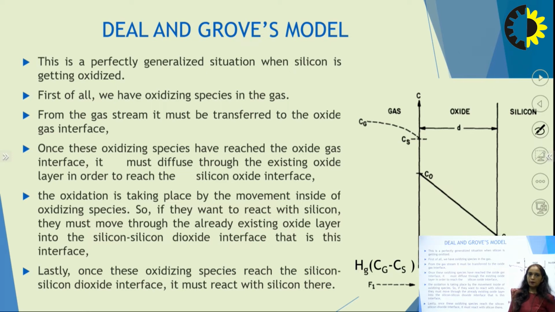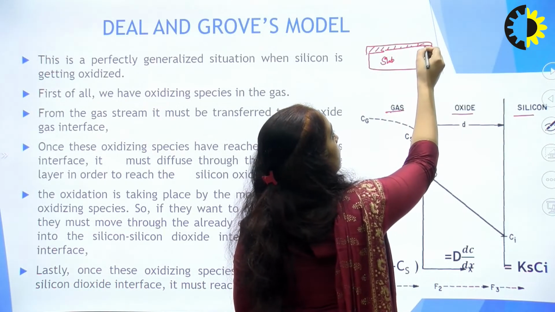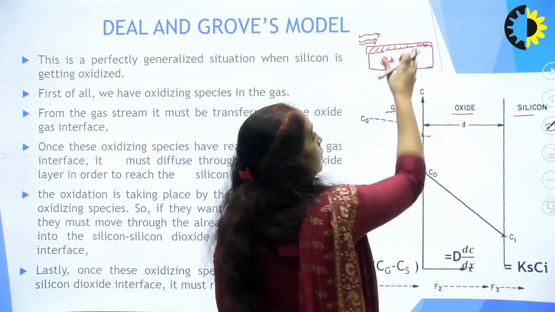So what happens in this Deal-Grove model? We have the gas phase, we have the oxide layer, and we have the silicon wafer. This model divides the complete structure. Here we have the silicon substrate, then we have some oxide, and here your gases will be passed to grow more oxide layer.